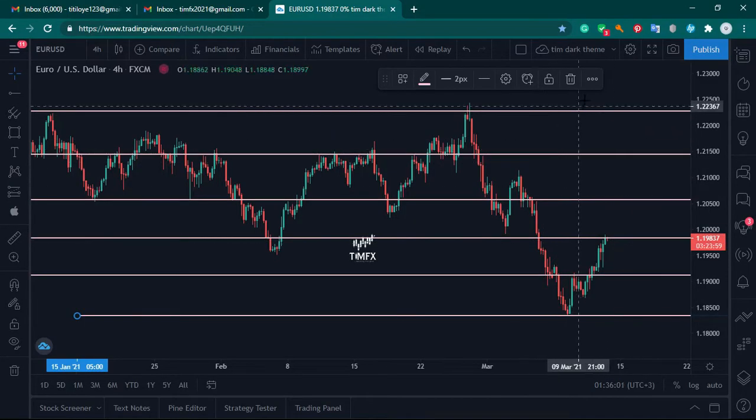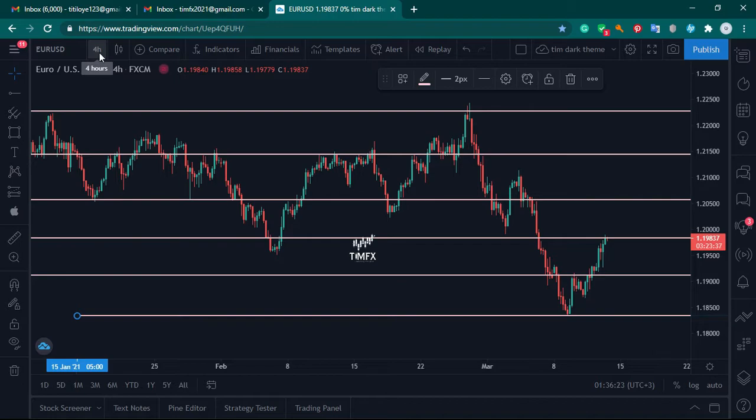Now have it in mind, this is just a 4-hour time frame. For us to have a deep insight of what the trend, support and resistance are, we need to go down to, let's say, the 1-hour time frame.